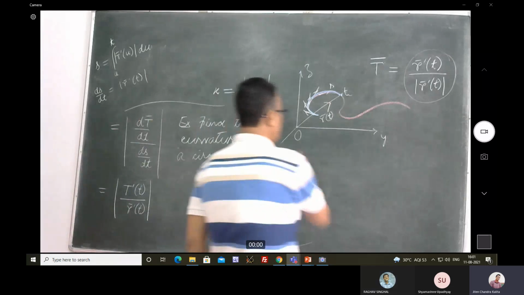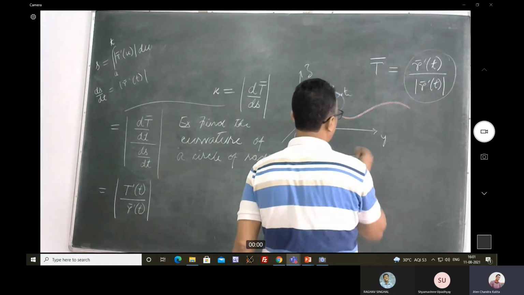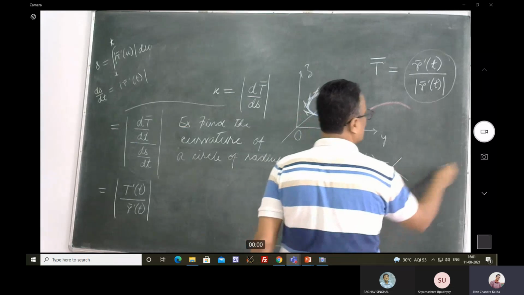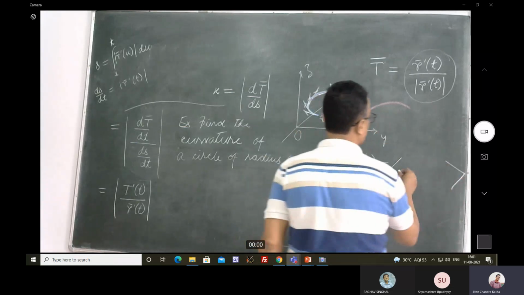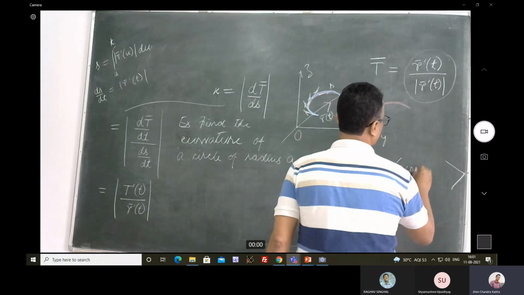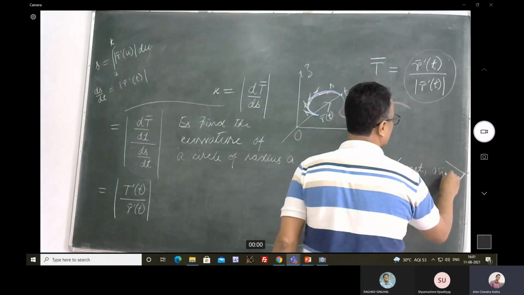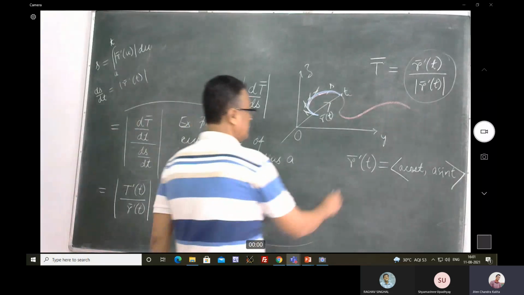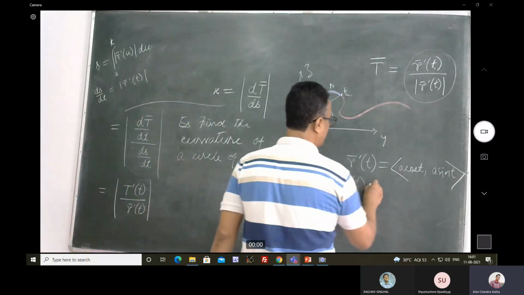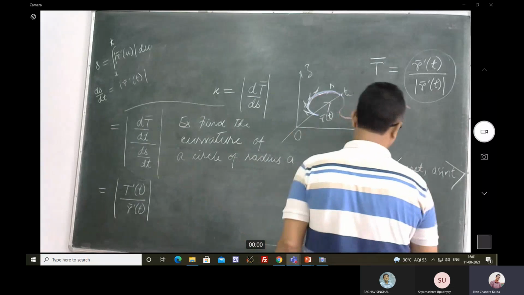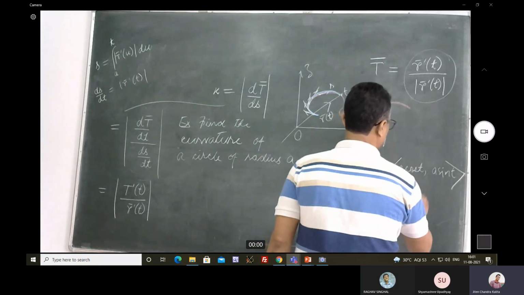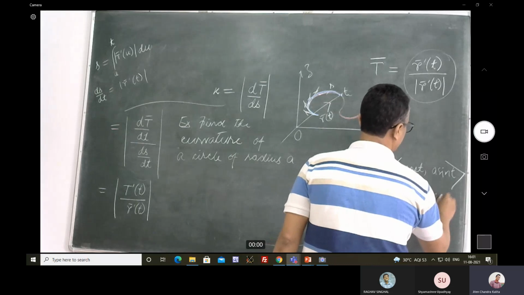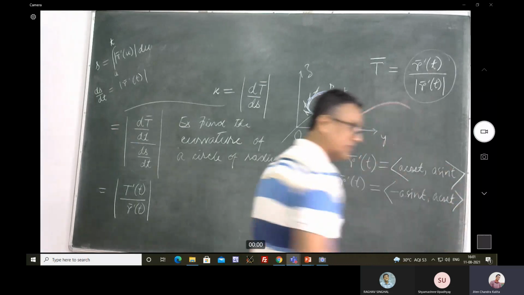Whenever I want to define this r for a circle lying on a plane, if it is a circle of radius a, it is going to be a cos t, a sin t, isn't it? Then your r prime t is going to be equal to minus a sin t, a cos t.